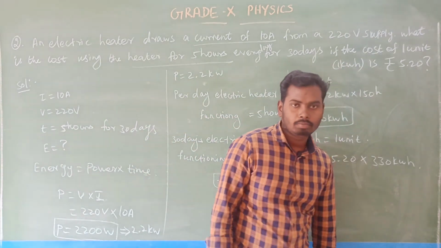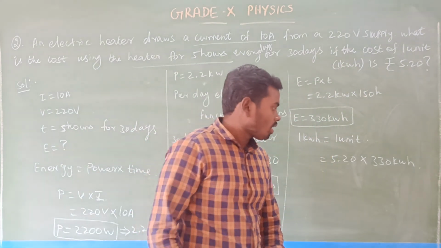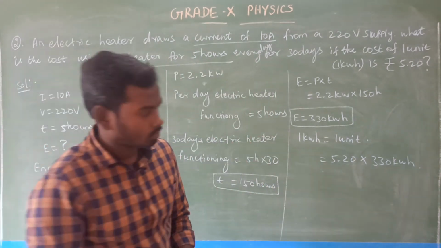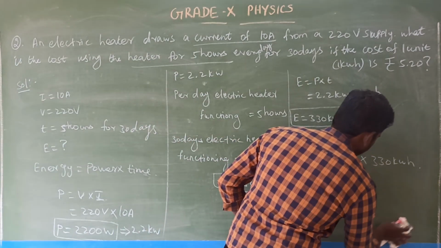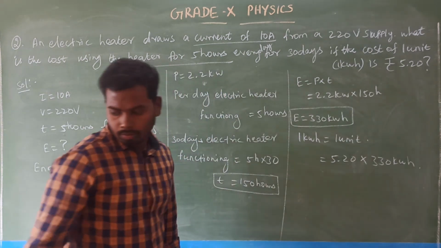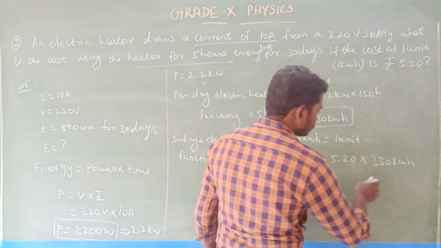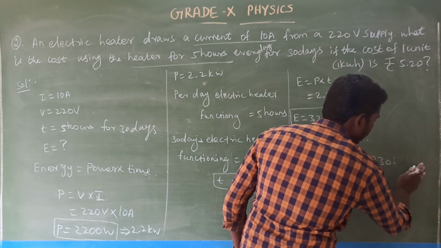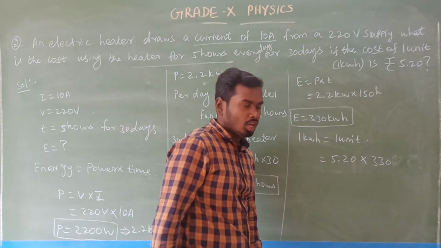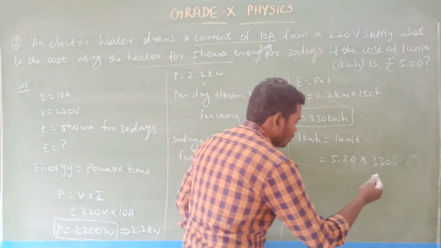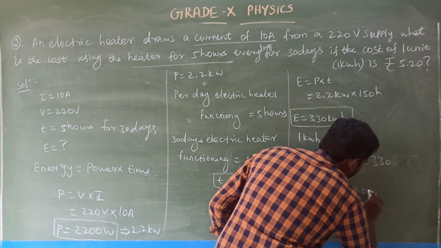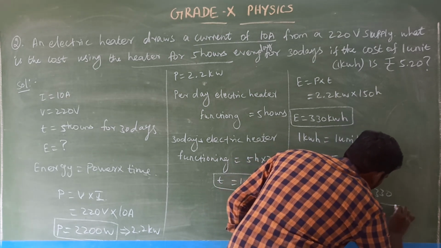So what will be the value, sir? There is no need to mention the decimal here, because we need to calculate only the cost. You further multiply that. So 520 into 330, what will be the value?